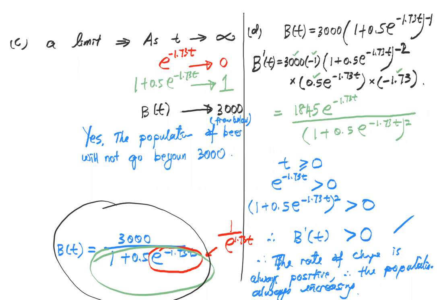Okay. Shall we find the rate? For part E, you shouldn't have any problem. For part E, find the rate at which the population is increasing after 6 months. So you just say B prime 6. Do you need to substitute? No need.